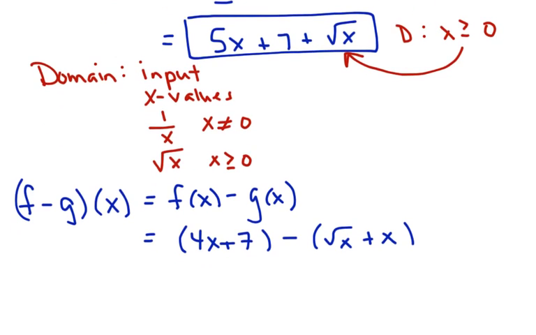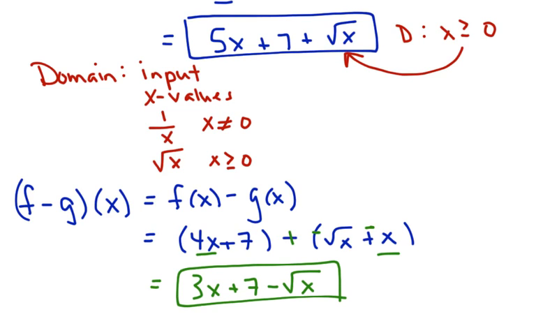Now, when we subtract polynomials, I'm not sure how your previous teacher taught you to do it, but I'm a big fan of changing all the signs in the second polynomial and then adding them together. So here are my like terms. 4x and negative x is 3x, and nothing else is like terms. So this is what you get when you subtract the polynomials. For the domain, since there's a radical, and you can't have a negative under it, x still has to be greater than or equal to 0.